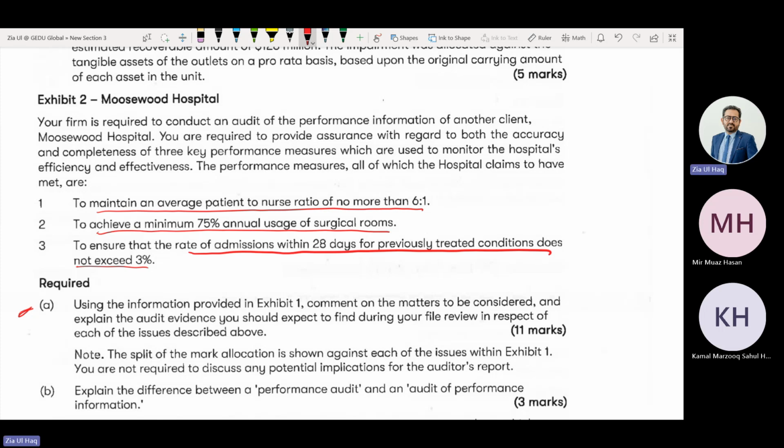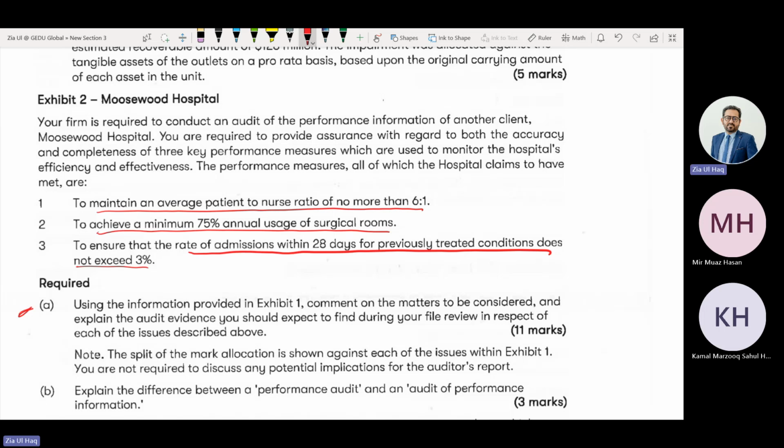How can we verify that only 3% of patients come again for treatment within 28 days? Which one, sir? The last, third one.